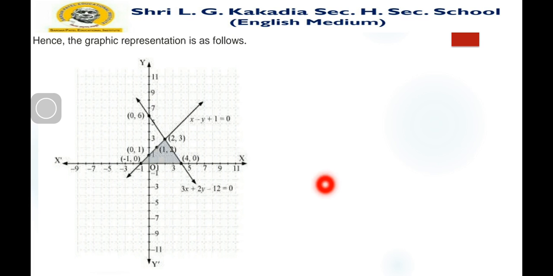By these two lines you can see here the region of the triangle with the x-axis. So here the vertices of the triangle are minus 1 comma 0, 2 comma 3 and 4 comma 0. This one is the region on the x-axis.